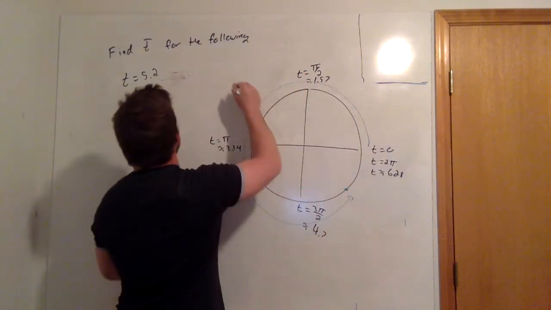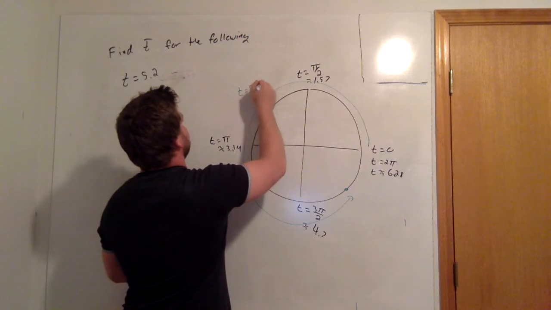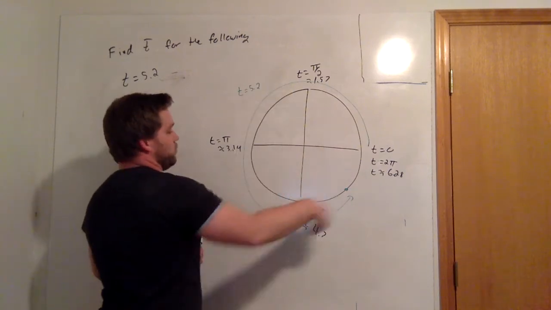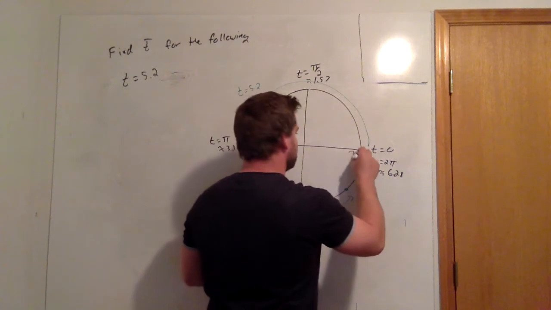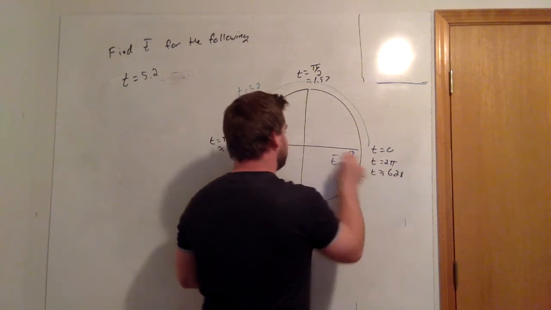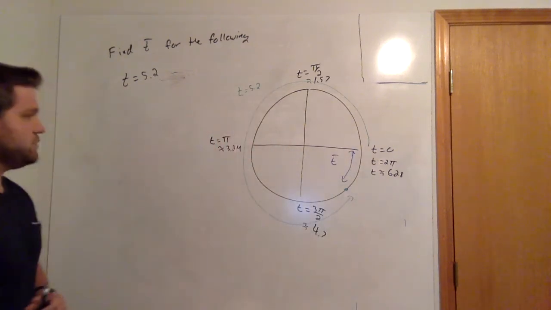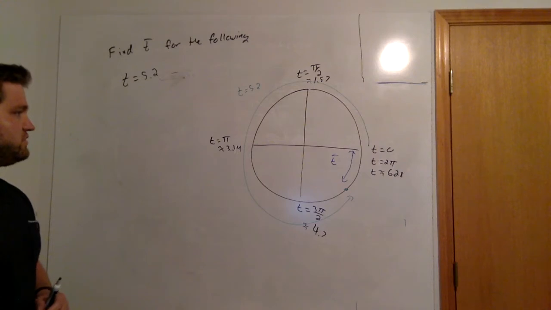So this is roughly a distance of 5.2 radians around the circle. We want to figure out what our t-bar would be here, which will be this distance right here. Let's think about the best way to do this.